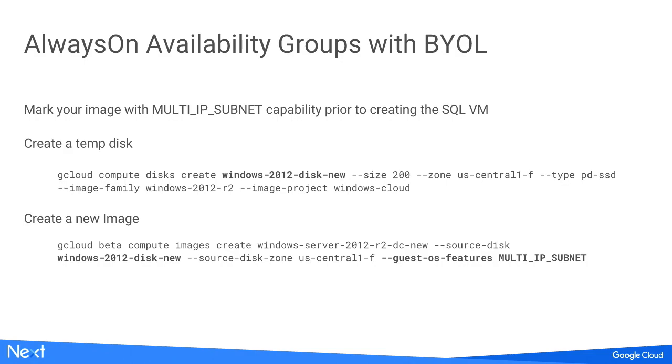Then you create a new custom image using the command here, specifying a new guest OS feature flag called multi-IP subnet. Once this is enabled, you get all the network features I talked about in the previous slide. For the pre-configured image released by Google using the PSQL license, all of this has been automatically taken care of. You don't need to worry about this.